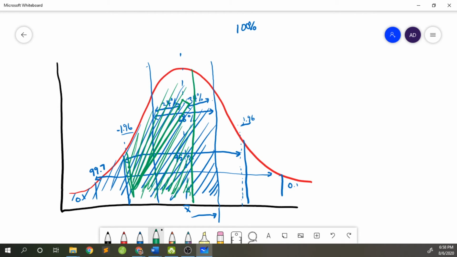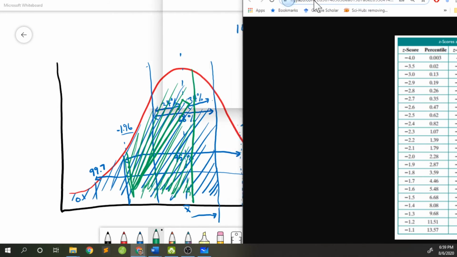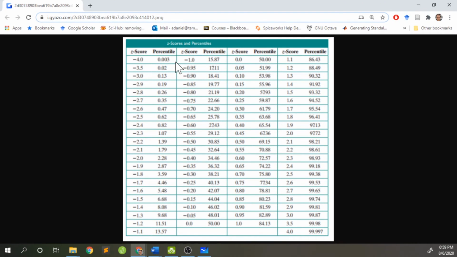Now, how do you do that? Well, the easiest way is to pull up a table that has the Z-scores, and you can find out a Z-score of -4 is scoring better than only 0.003% of the sample. A Z-score of 0, not surprisingly, scores better than 50% of the sample.